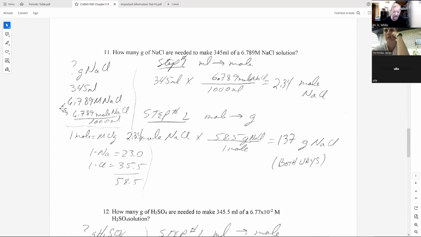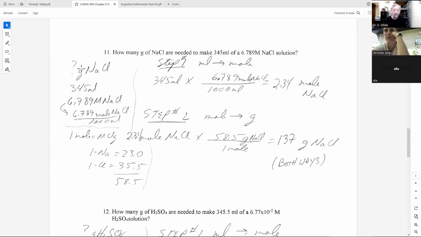Well, this one is 6.789 moles of sodium chloride per 1,000 milliliters. Now, there's no way you can go from milliliters to grams in one step. You can't.